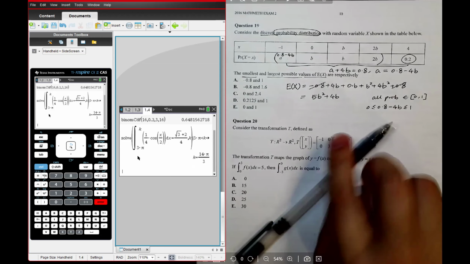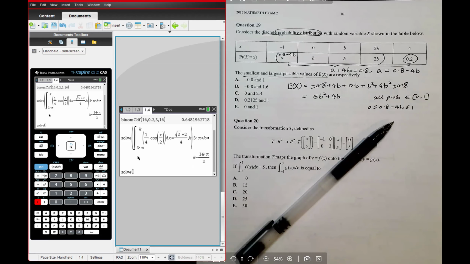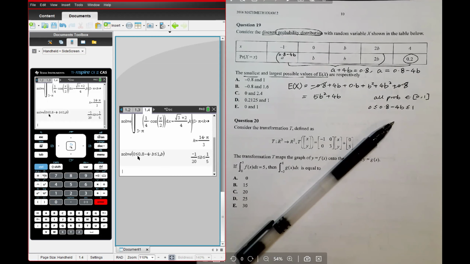So you actually use your calculator, and you will find, okay, B is from minus 1 over 20 to 1/5, but your B is a probability itself. So it has to lie between 0 and 1/5.